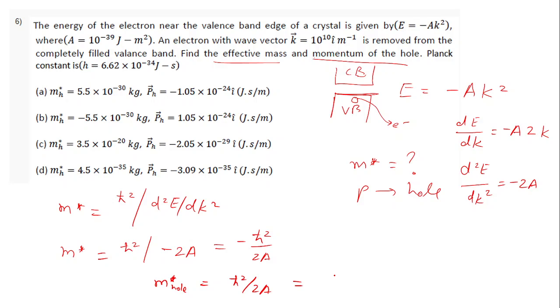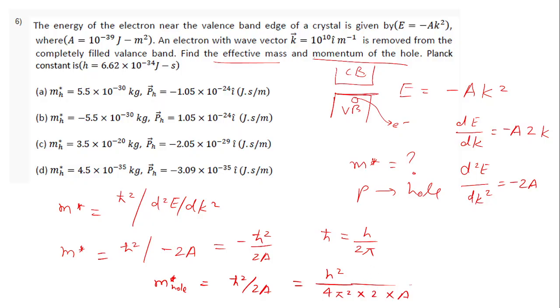h is given, so we need to find h bar, which is actually h over 2 pi. So h bar square means h square divided by 4 pi square, also multiplied by 2 multiplied by a.